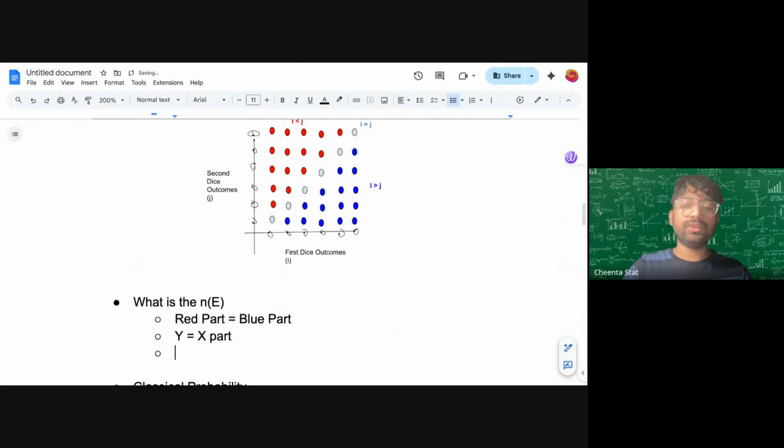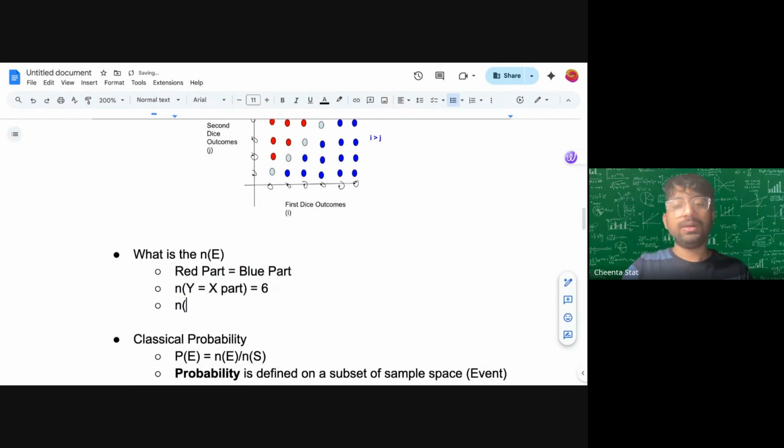The number of elements of the y equals x part is 6, right? Naturally, it's i comma j with the same value among all the possible dice outcomes, so there are 6. And you know the whole total is 36. So n of red plus n of blue plus n of y equals x is 36.